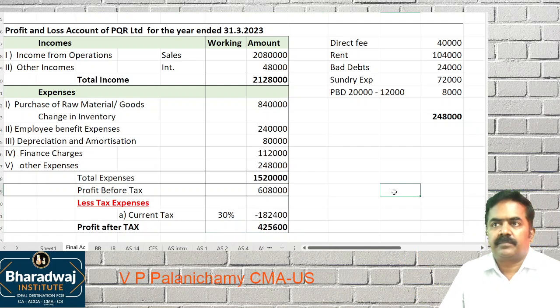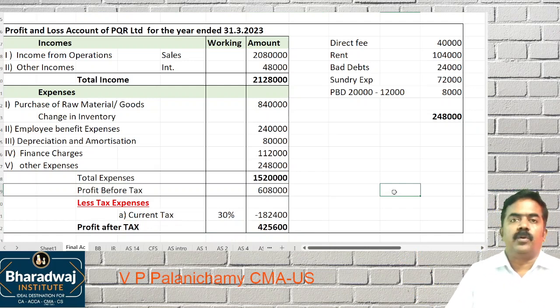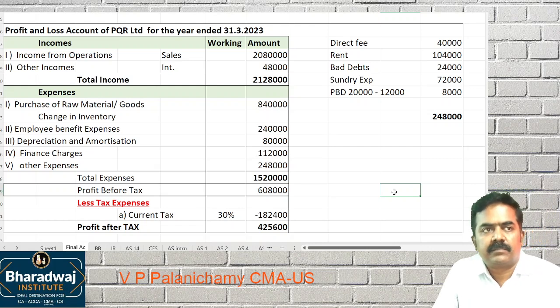Take up this. Any doubt in any of the parts? Debtors minus bad debts, when will you do that? When the bad debts are given in the adjustment.